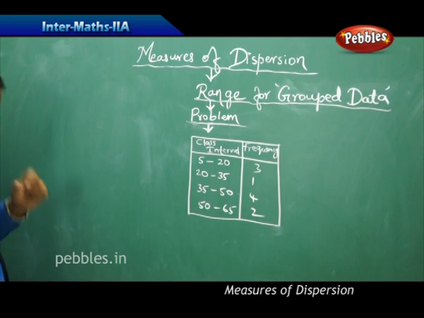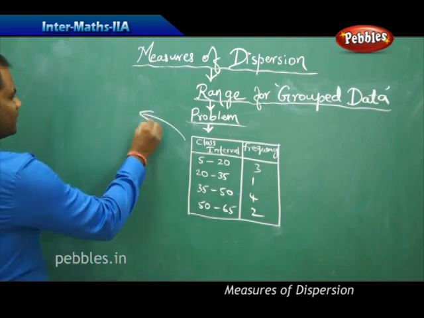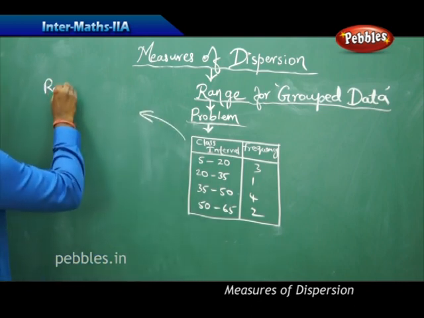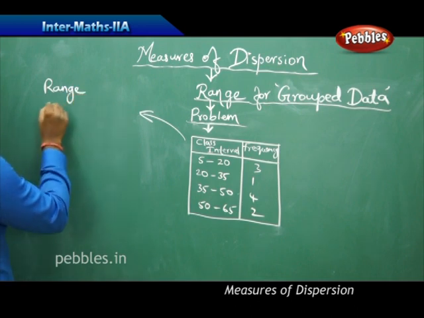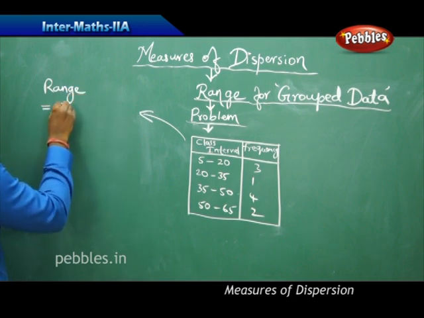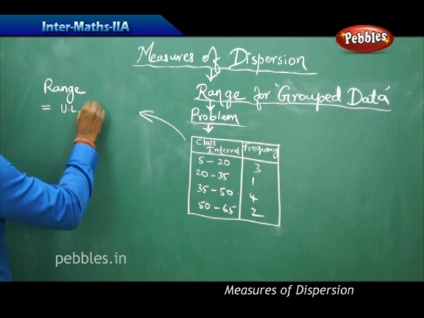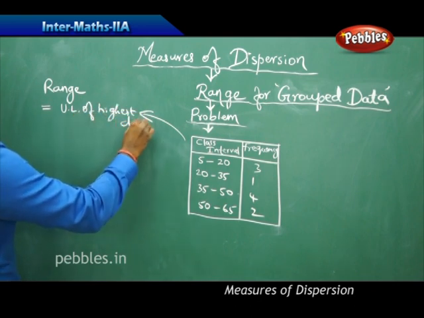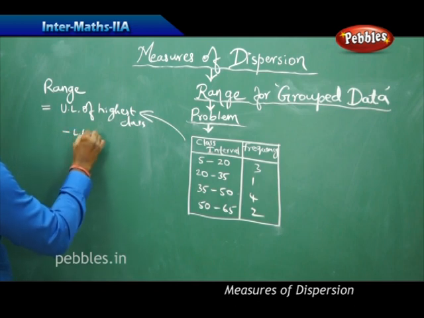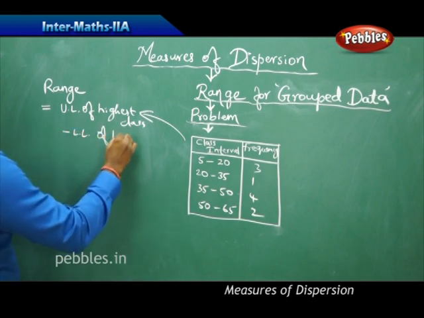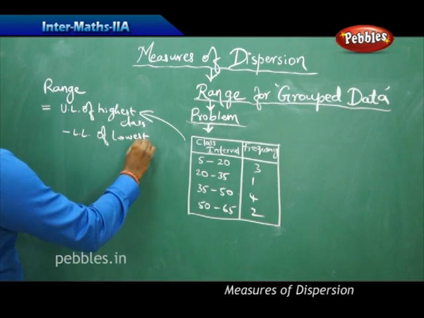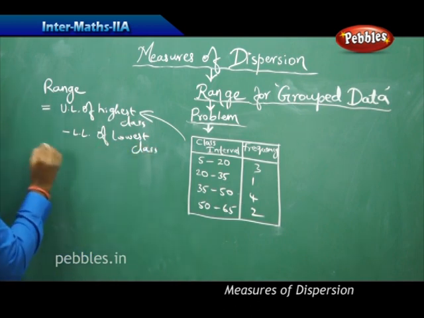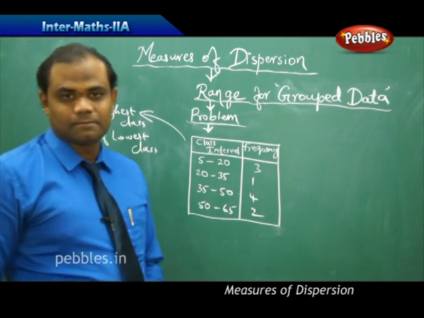For grouped data, the range is given by the formula: upper limit of the highest class minus lower limit of the lowest class.